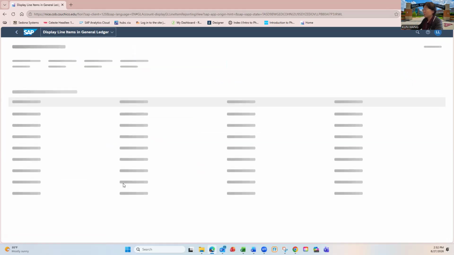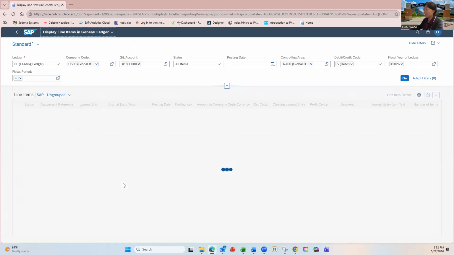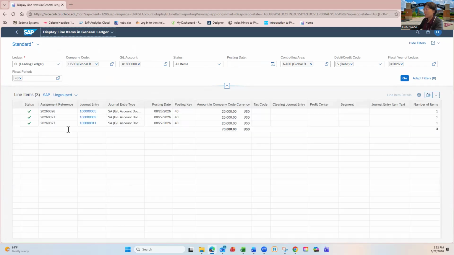But if you drill down the total debits, it'll give you the individual numbers that make up this balance. Okay, for me, I did it three times, I think. Oh no, the 25,000 cash revenue, I did it twice.